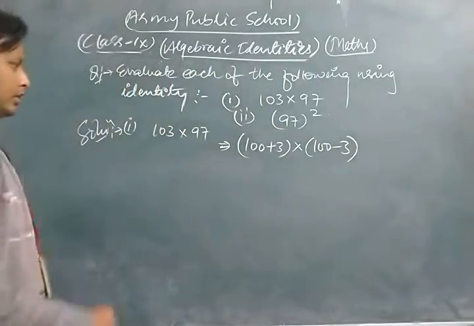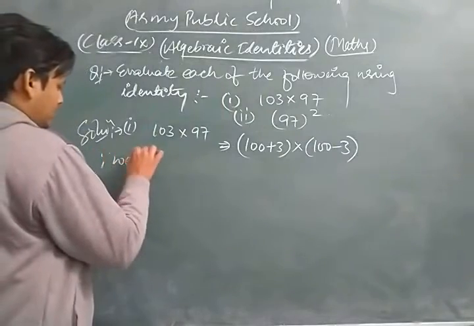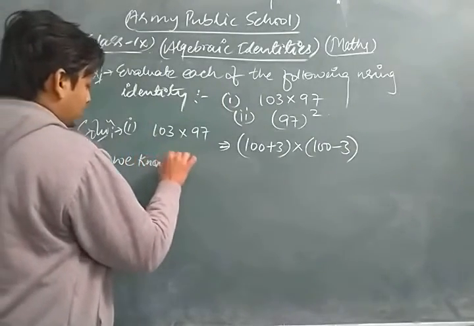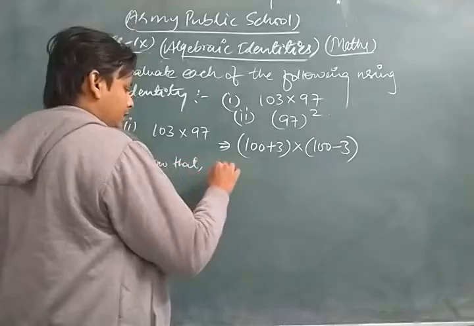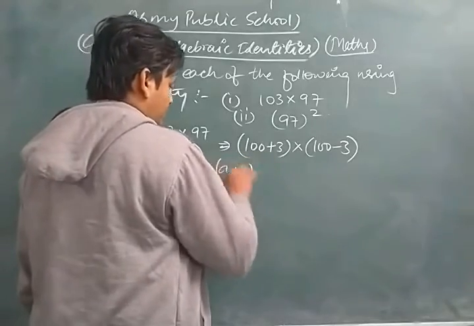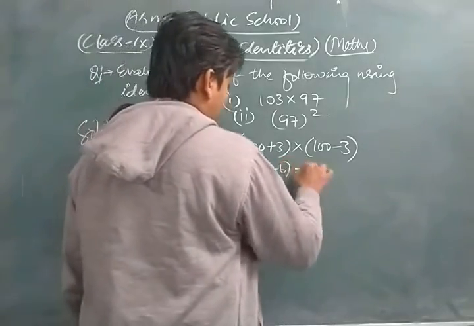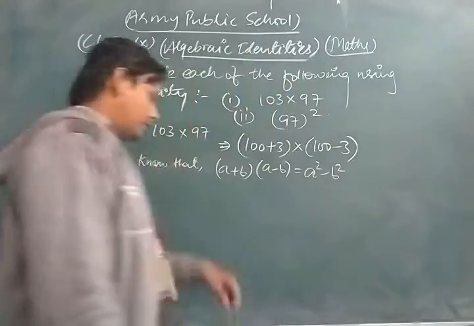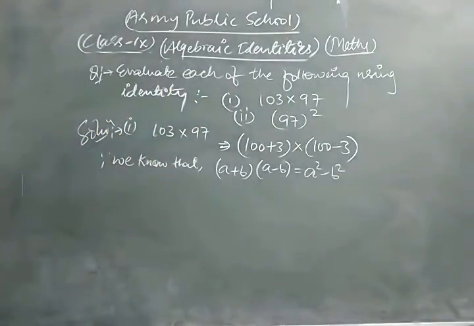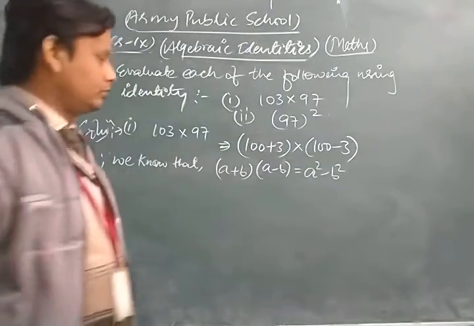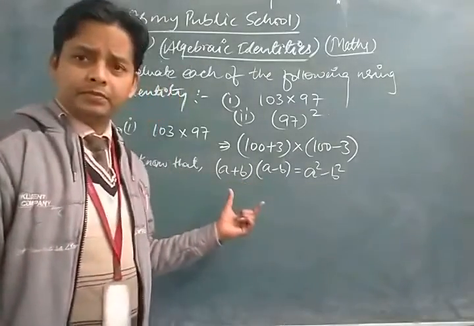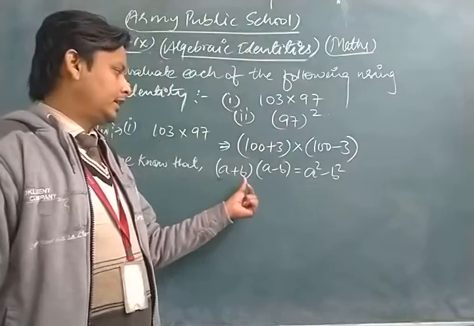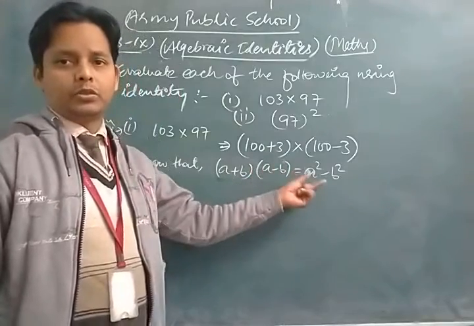Okay, and now since we know that a plus b in one bracket and a minus b in one bracket is equal to a square minus b square. We can write this: a plus b in one bracket, a minus b in one bracket is equal to a square minus b square.